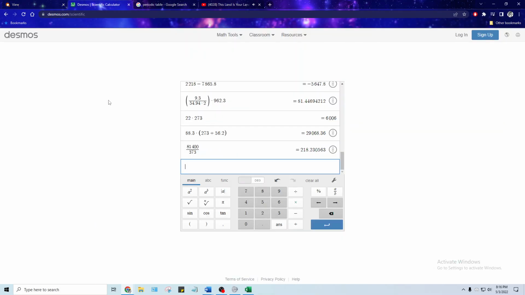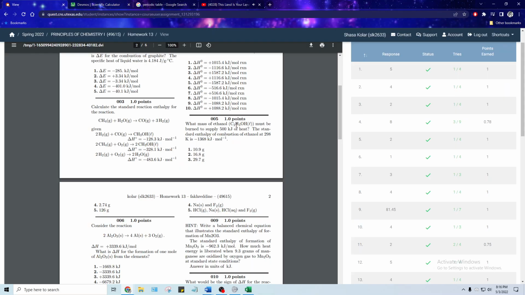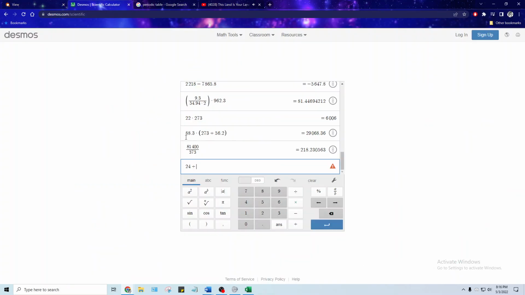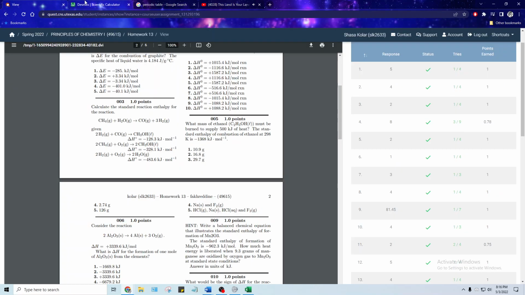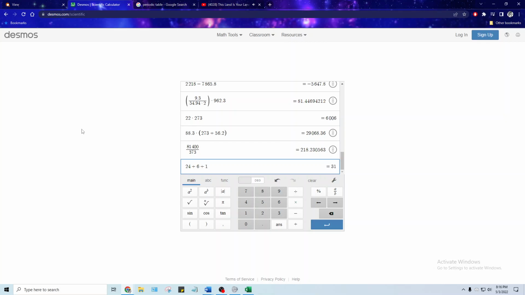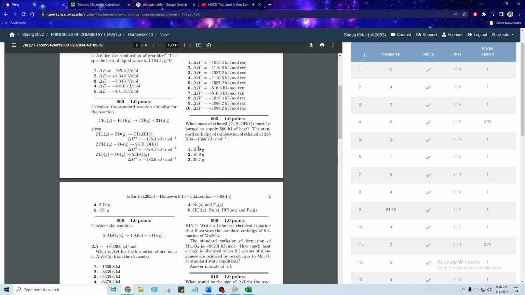It's C2H6O, so 2 carbons is 24 because it's 12 plus 12, plus we have 6 hydrogens. Each hydrogen is 1, so we have 6. And then we add our 1 oxygen. Each oxygen is 16 grams per mole. So then we get 46, right? So if we burn 46 grams of ethanol, we'll get this many kilojoules.